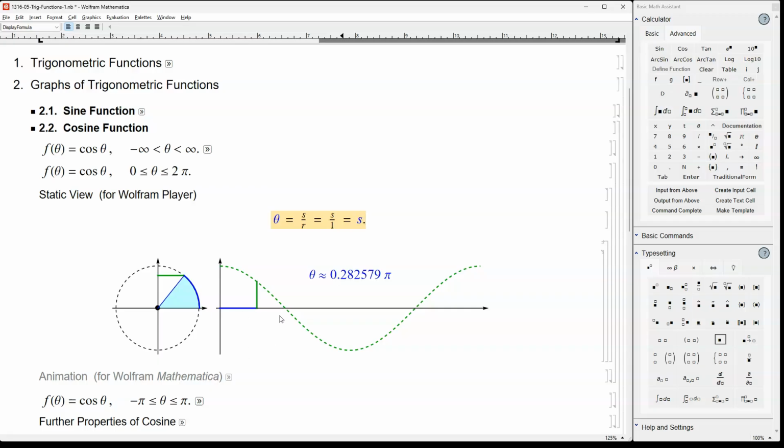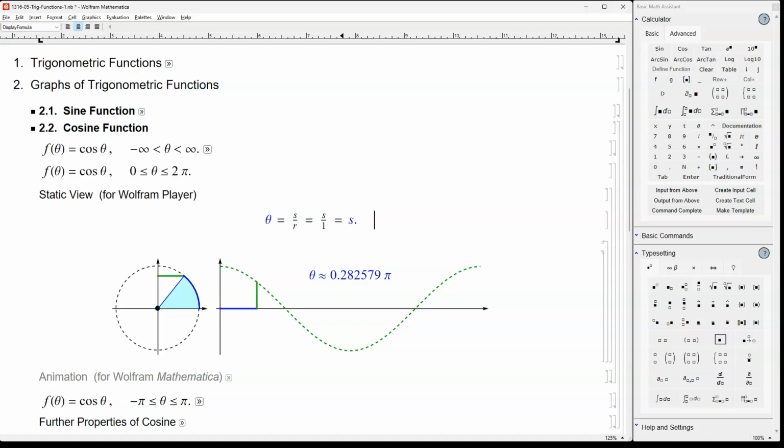So in this theta, f of theta plane, in this graph, horizontal is theta, and in this definition of cosine function, in this unit circle picture, theta is equal to the arc length s, because the radius is 1.